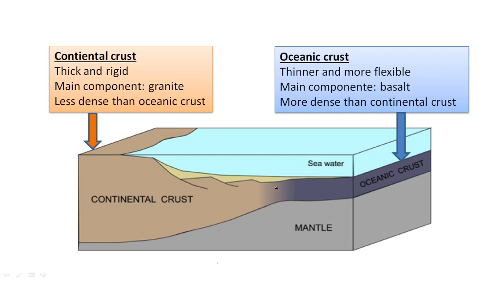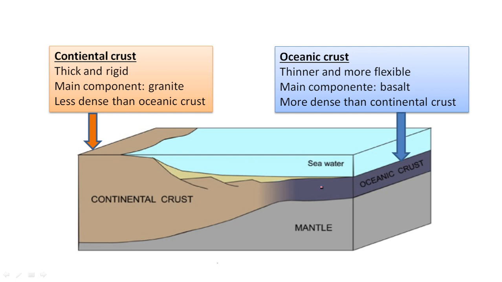Usually, the continental crust is well known for all of us because the continents where we live are made by continental crust. So the mountains, the valleys, all the continental reliefs that we know are located in the continental crust.